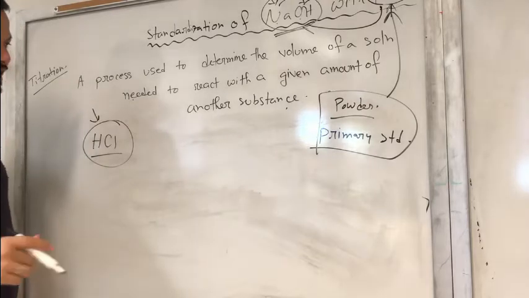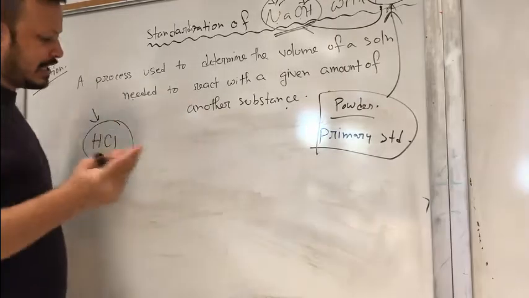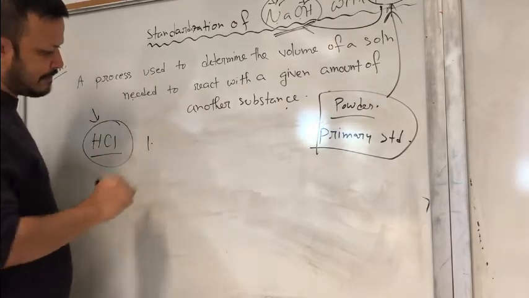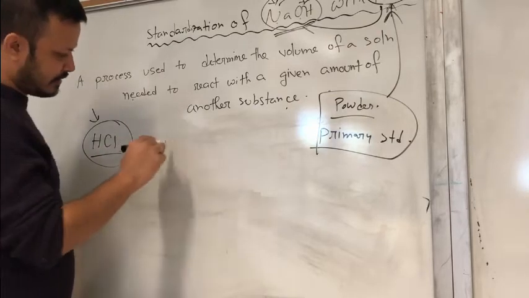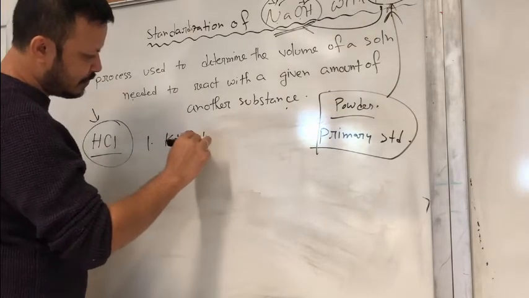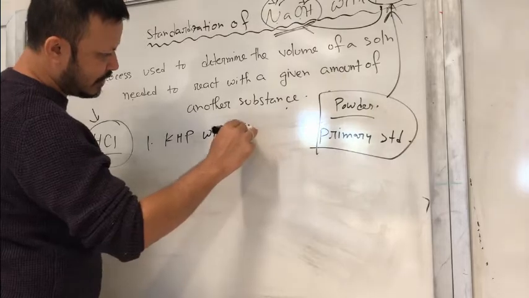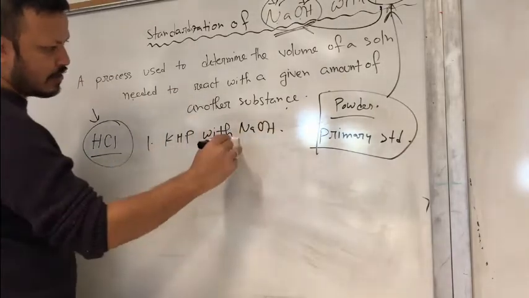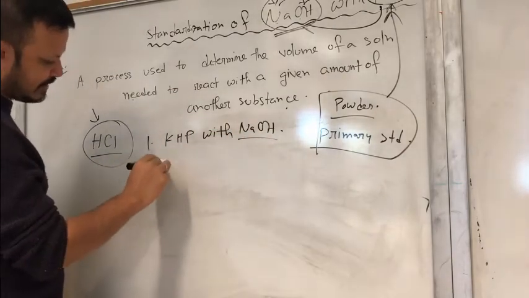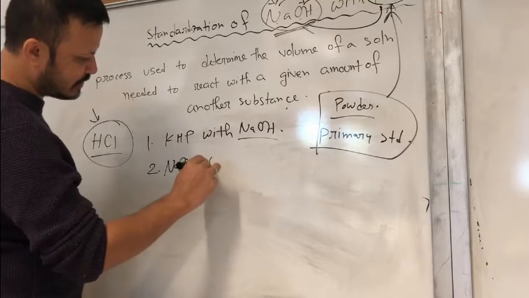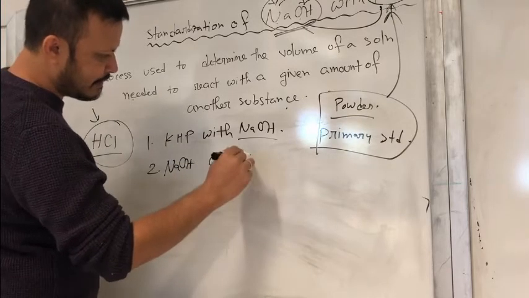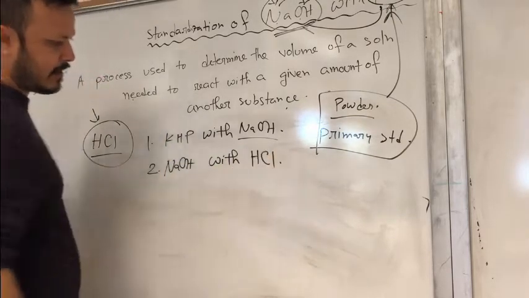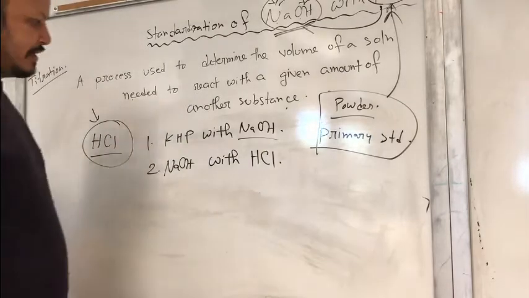Clear? So here we are going to conduct two titrations. One is KHP with sodium hydroxide, and then when you get the concentration of this, use sodium hydroxide with HCl. Okay, clear?